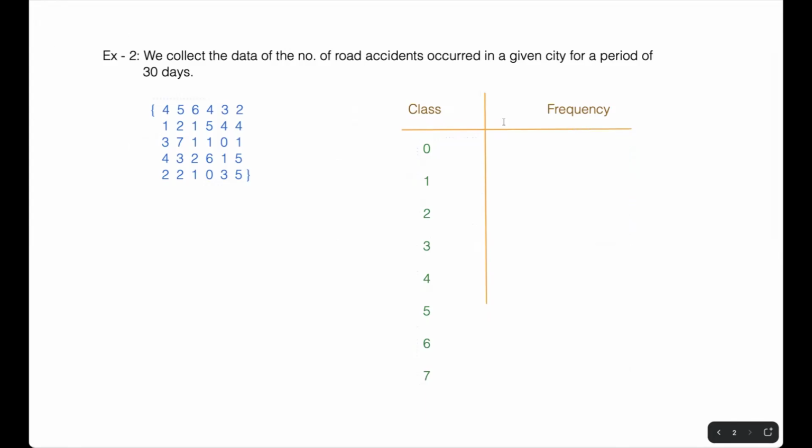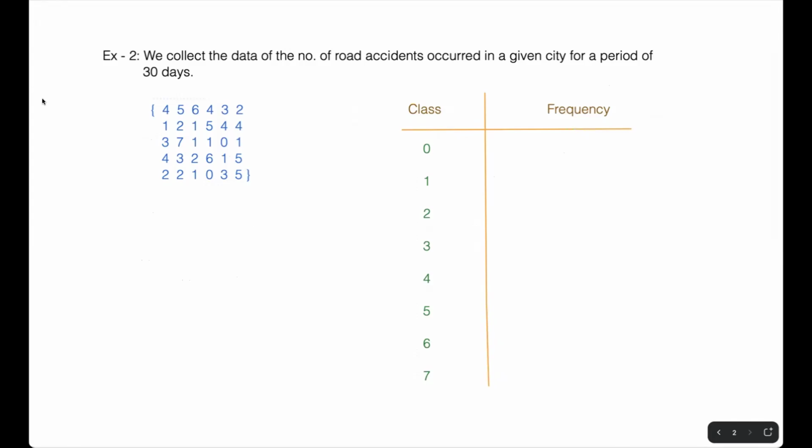And so what we have to do now is list the frequency for each class or each value, right?